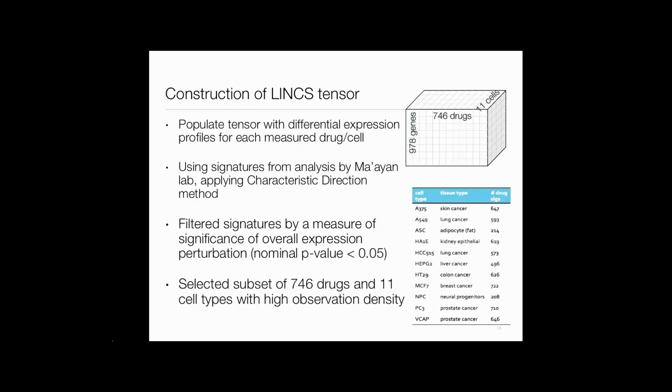If you haven't looked into this and you're doing differential expression, I do highly recommend it. And as I mentioned earlier, they came up with a notion to evaluate the overall expression perturbation. And so I just wanted to filter out signatures for which I was not reasonably confident that there was a strong signal. And I selected a subset of 746 drugs and 11 different cell types that had a higher observation density. And the cell types are shown on the right here, as well as the number of signatures that I had.